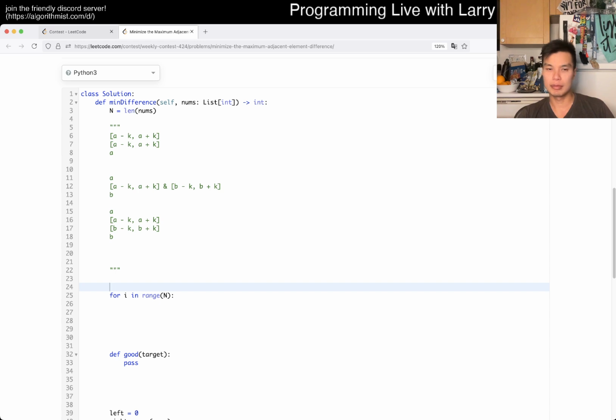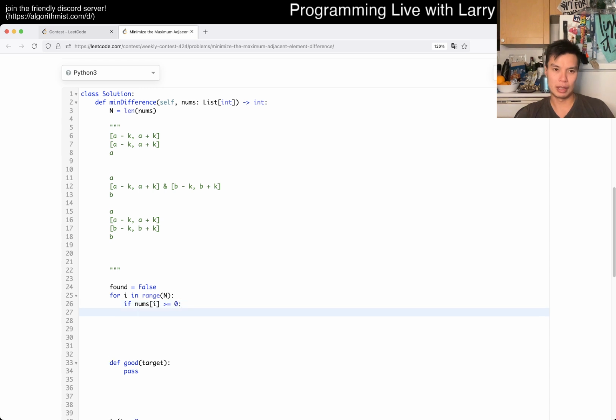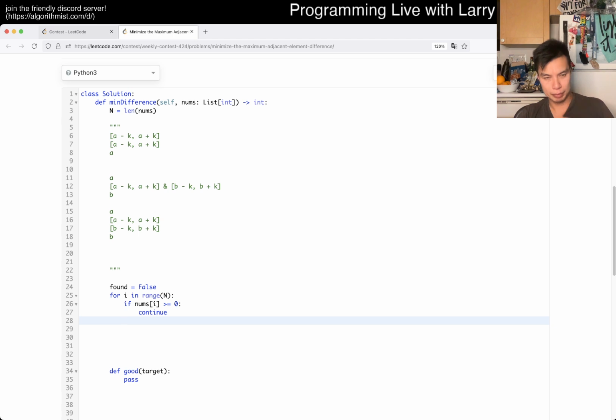So maybe let's say found is equal to false. Okay, so if num sub i is less than 0, or if this is a number, then that's fine, right? Else, if this is a number, that's fine, and then found is equal to true.